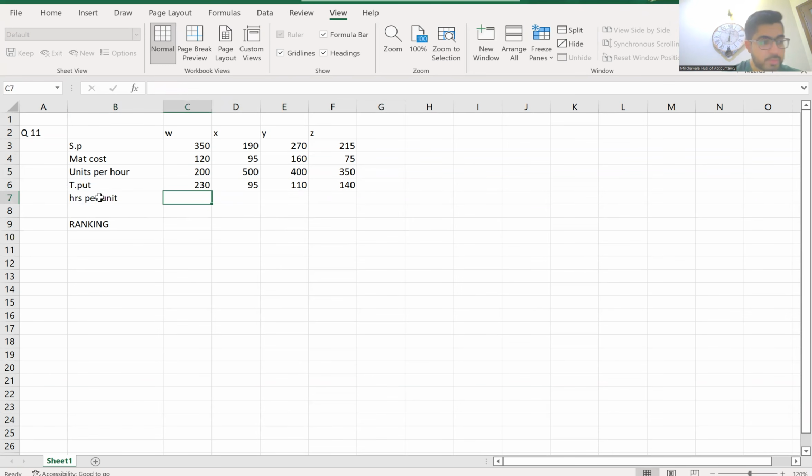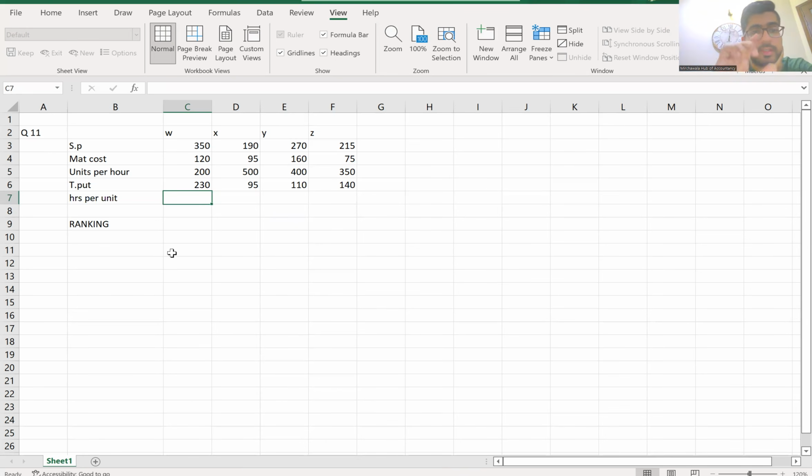Remember, we don't need how many units are made in 1 hour; we need how many hours each unit takes. You can refer to my lecture in which I solved the question of right limited in throughput accounting. We never need how many units are made in 1 hour; we need how many hours each unit requires.